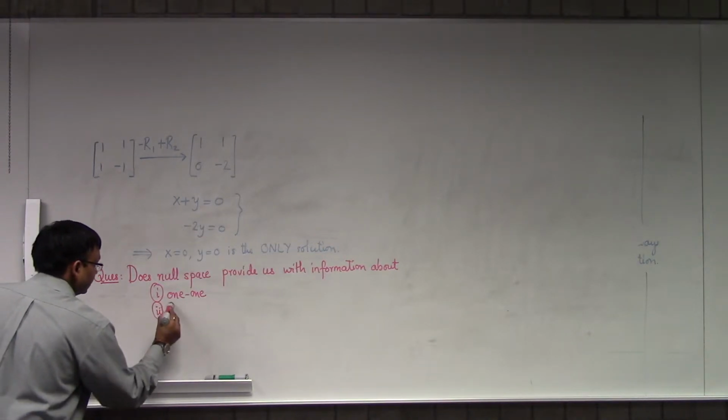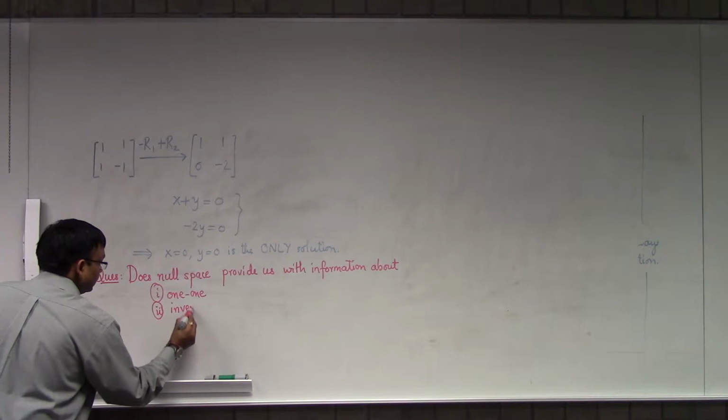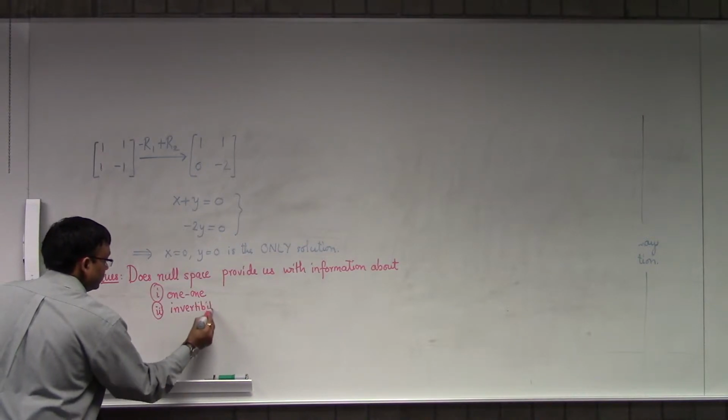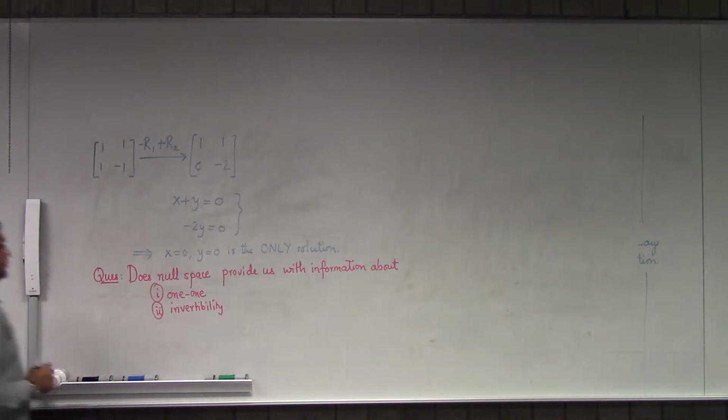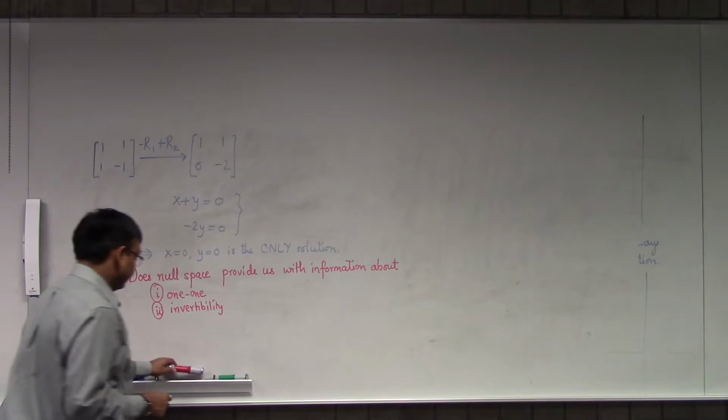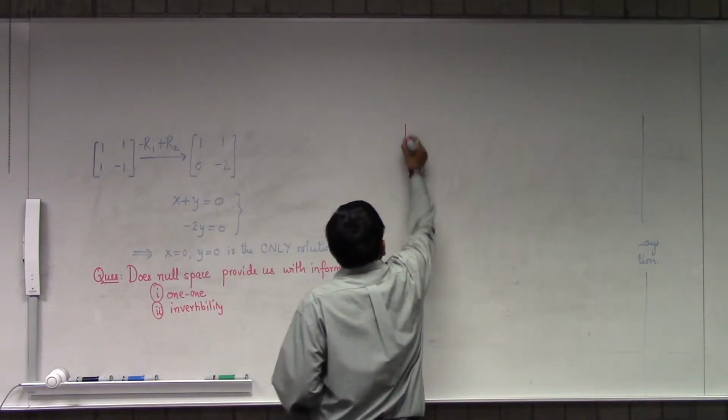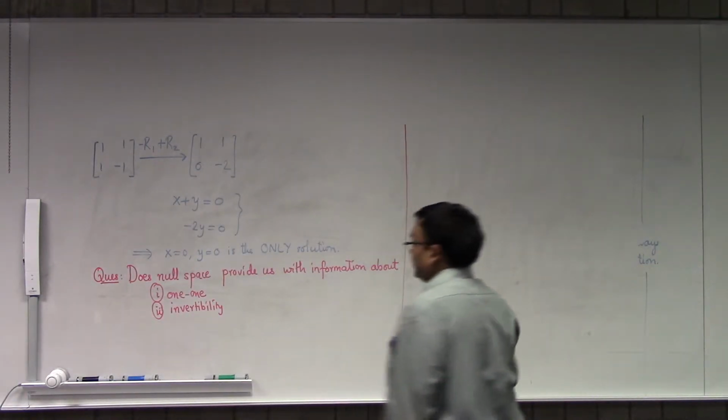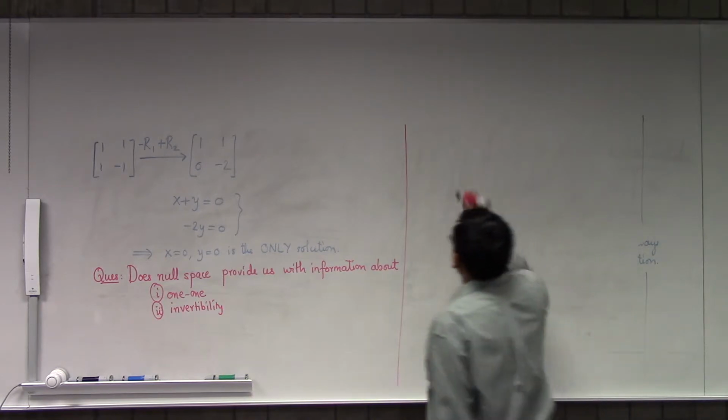Does it say anything about invertibility? If yes, how and why? So let's try to do one thing at a time. What is the connection between one-to-oneness and null space?